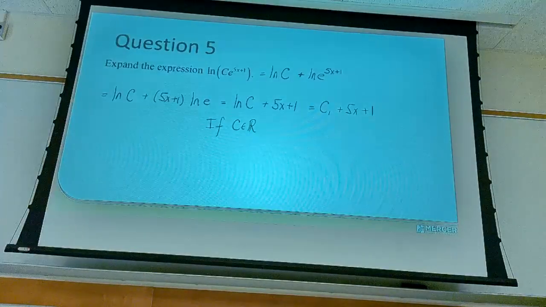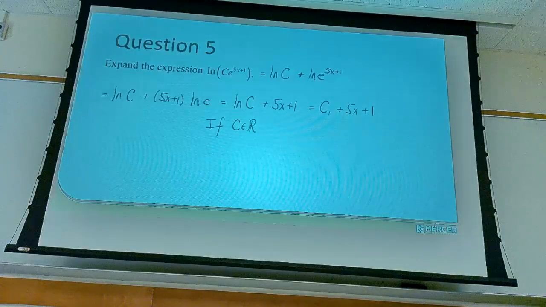So basically, if it was like ln 5 or something, that's a number. You could just put that into the calculator and get the number. Now, I would typically just leave it as ln 5, because that's not a nice number.